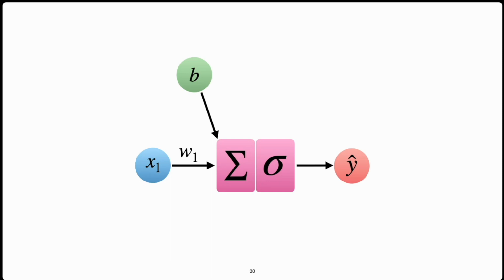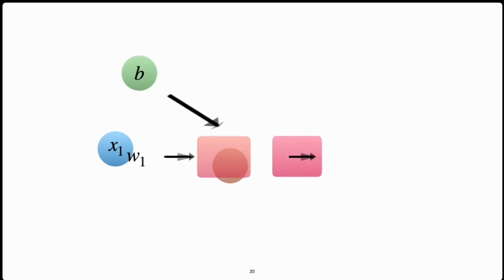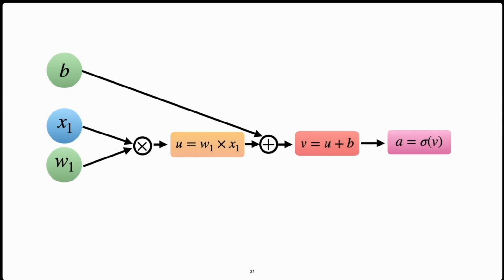In practice, when it comes to the mathematical details, it's always helpful, at least for me, to draw something called a computation graph. Here's how the computation graph would look like. Going through it step by step, we have on the left-hand side x1, which is a feature input. We have w1, which is a model weight, and we have b, which is the bias unit.